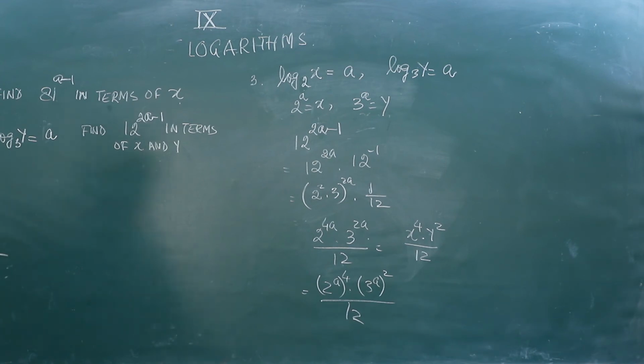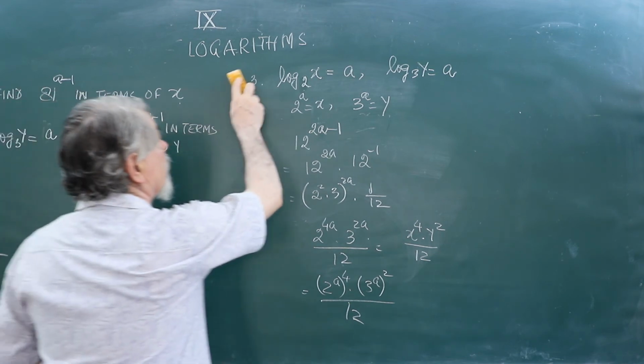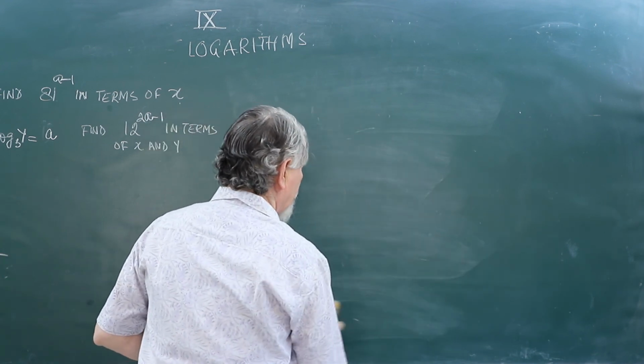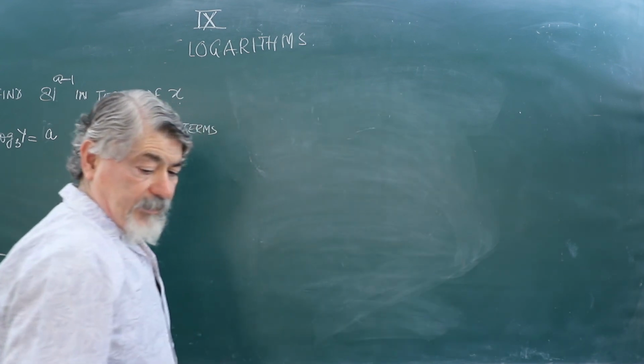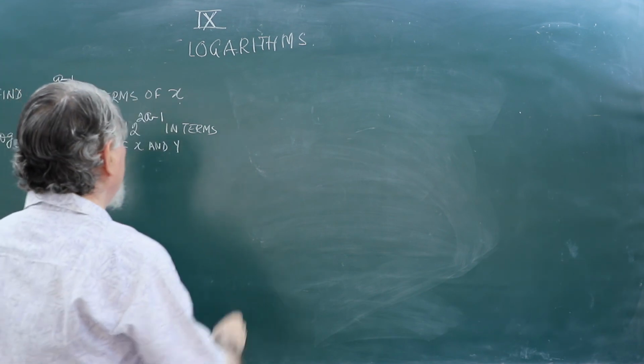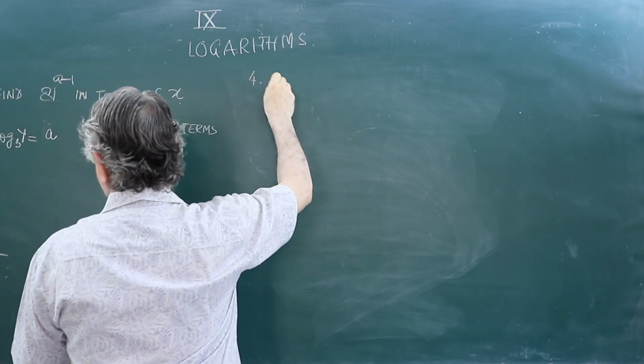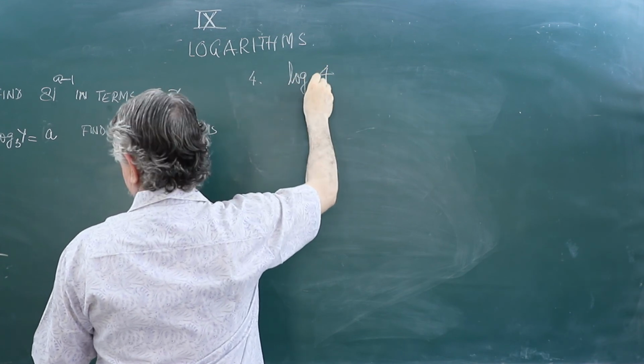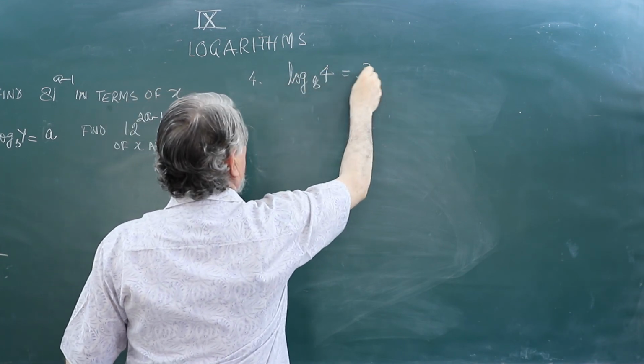Now he has given some questions in the log form to be changed into exponent form, from the logarithmic form to the exponential form. For example, question number 4 is log 4 to the base 8 is equal to 2 upon 3.